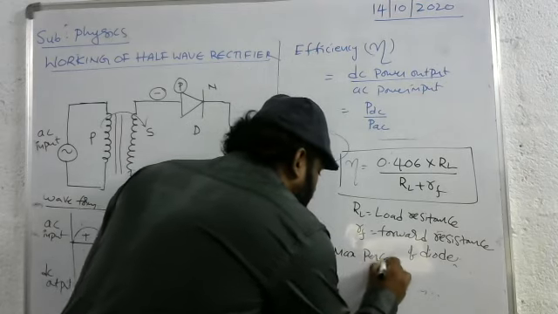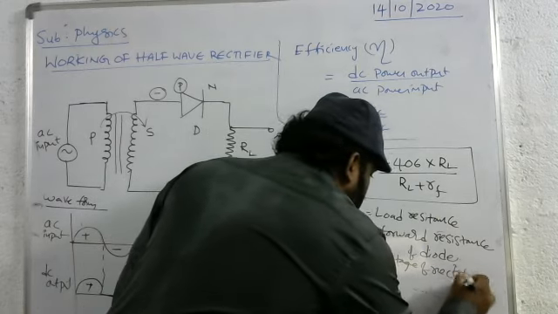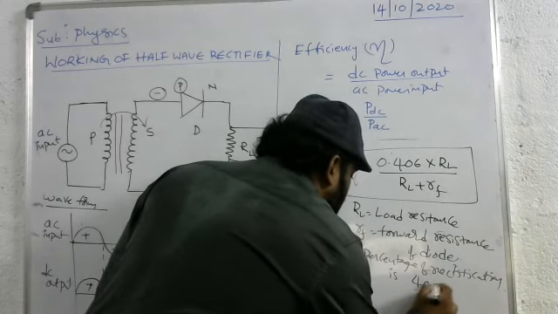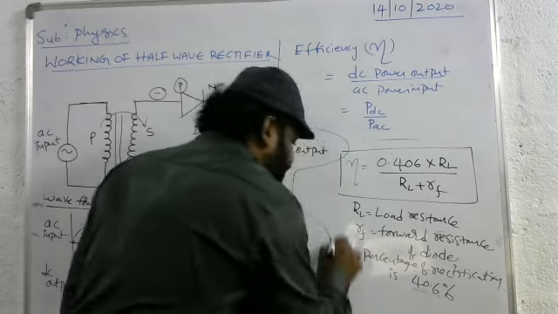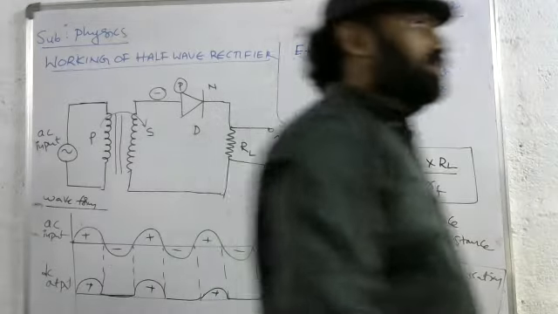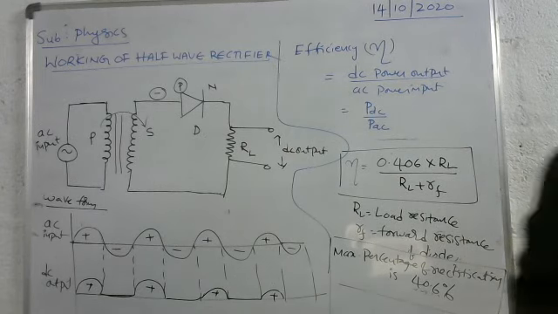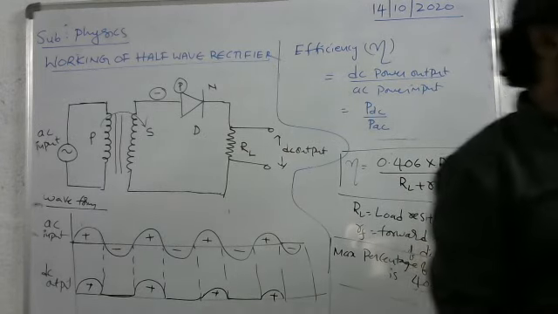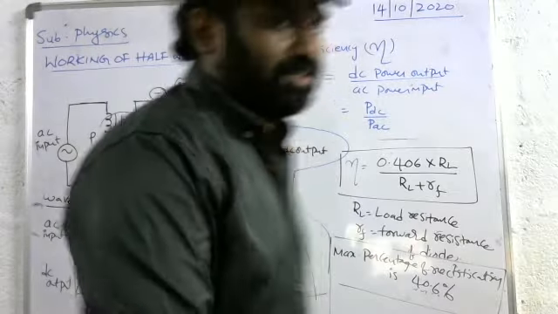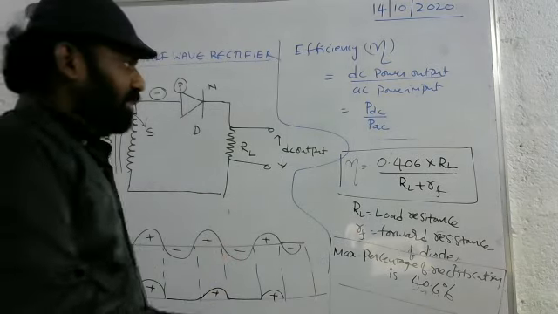Maximum percentage of rectification is 40.6%. Got it? So, this is about the working of the half wave rectifier. Right, thank you.